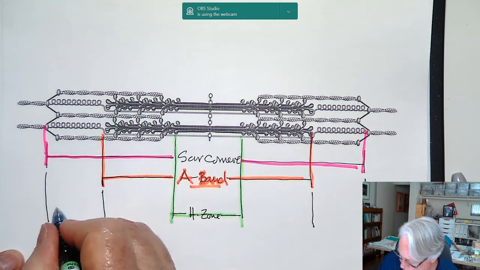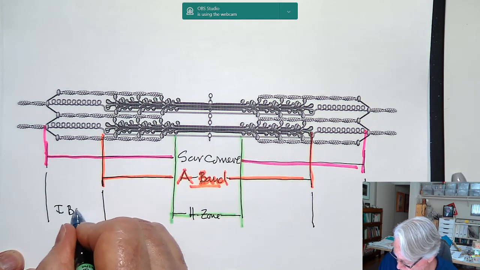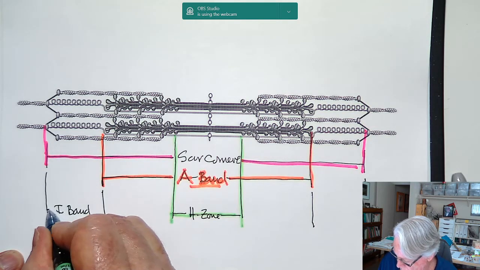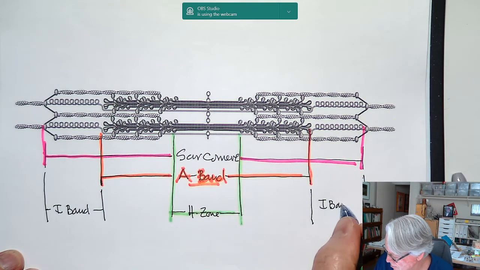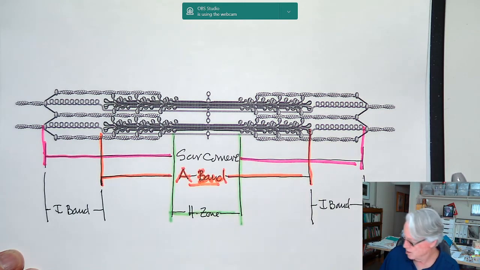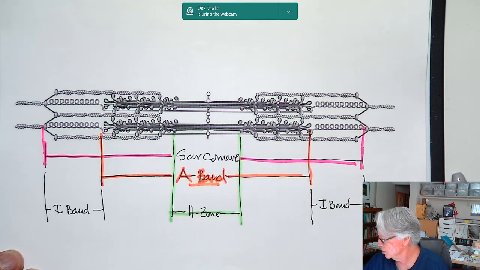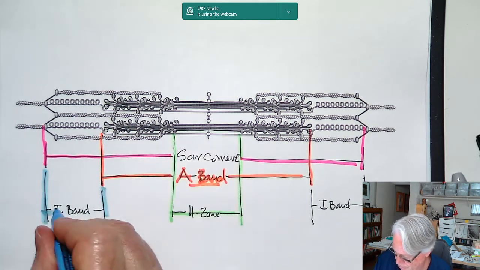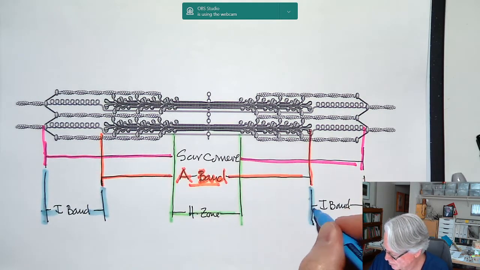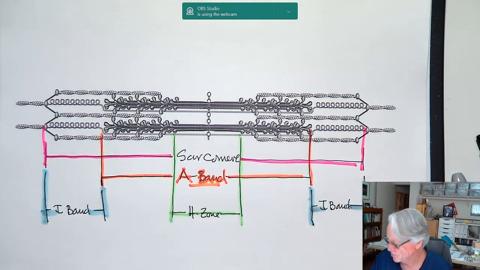And that's going to be my I band. And let's grab that in blue. And the definition of the I band is thin filaments only, no thick filaments.